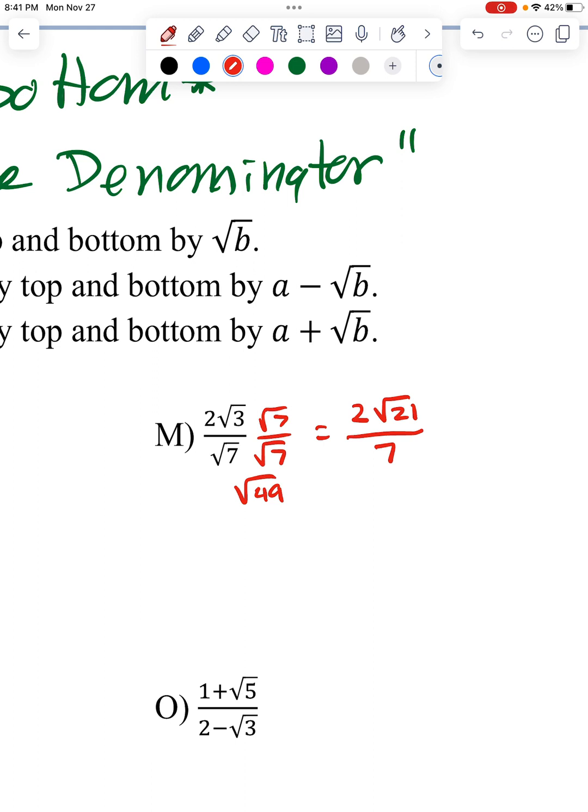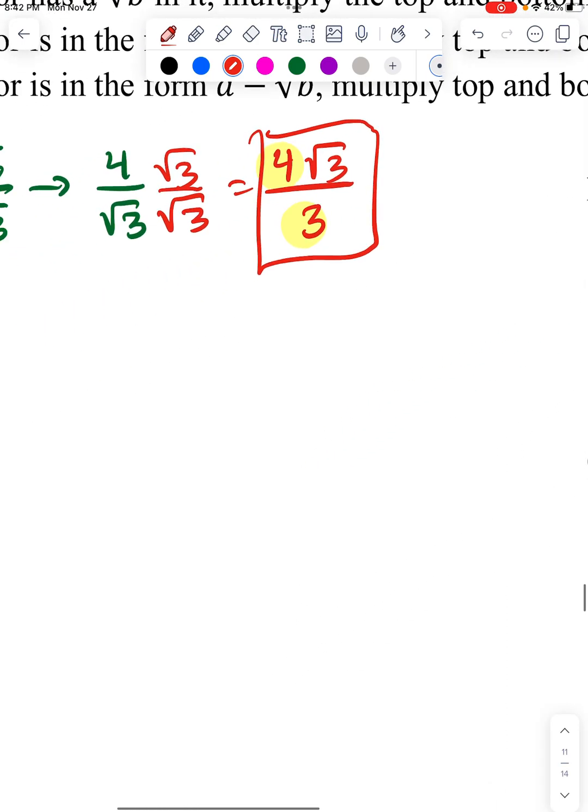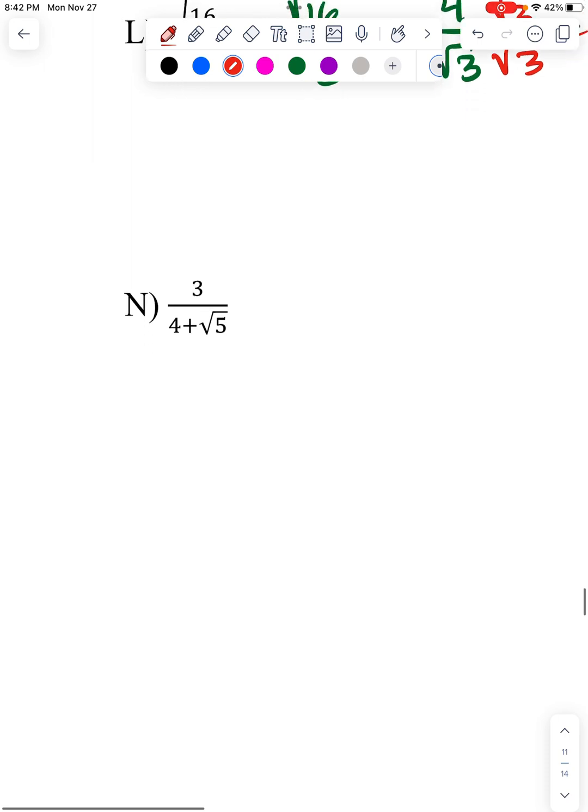And if you look on your blue card, you're going to find that 21 does not contain any perfect squares, so there's nothing you can do with that. And the 2 over 7 on the outside doesn't reduce. So actually your final answer looks like this. It's kind of a messy answer, but it's kind of a messy problem. And in the end, I don't have a denominator with a radical, so I'm good to go. The top can be as gross as it needs to be, but the bottom just cannot have square roots.